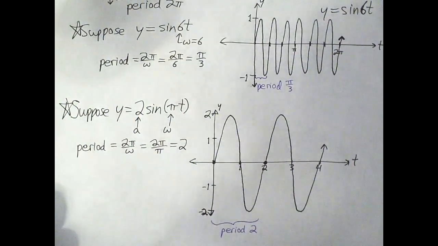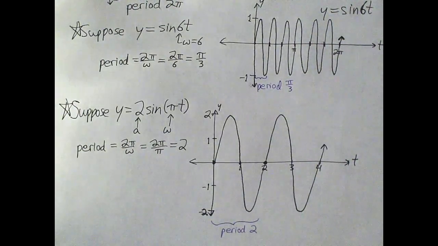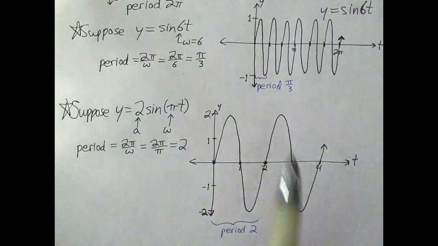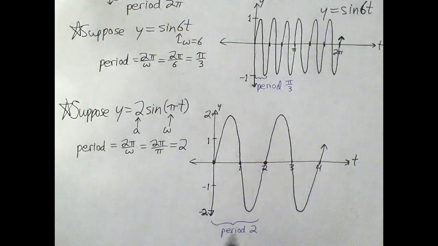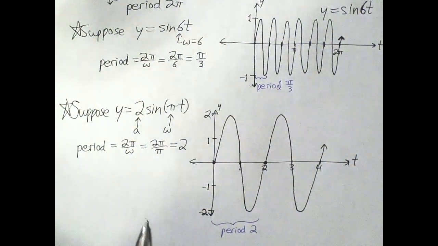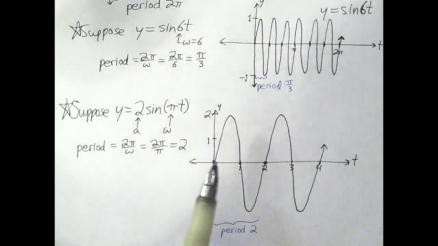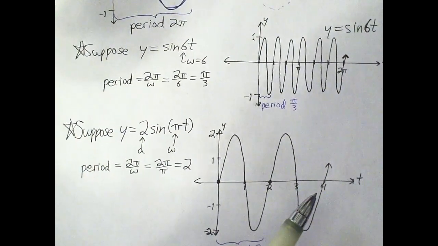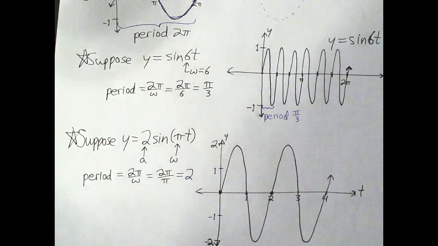So on this page we drew some pictures, and one of the messages that I want to get across is, if you have to draw one of these pictures, or if you're given a picture and you have to identify the period or the amplitude, one thing I want you to understand is that in drawing these pictures, I know the overall shape of sine.